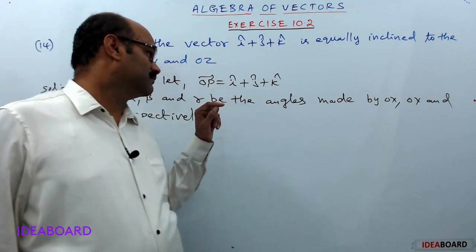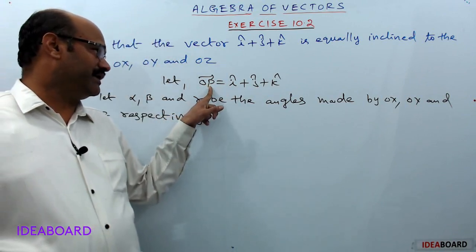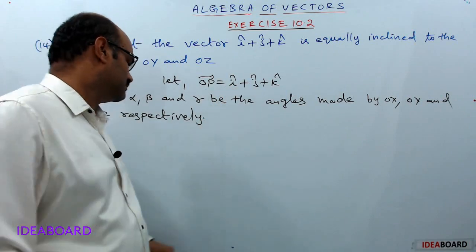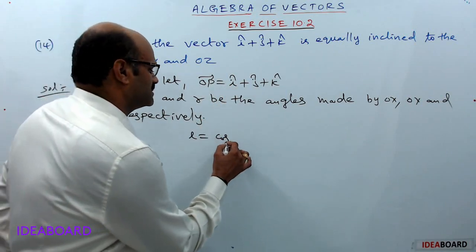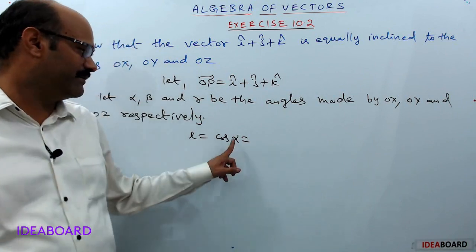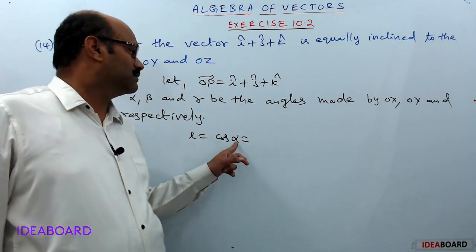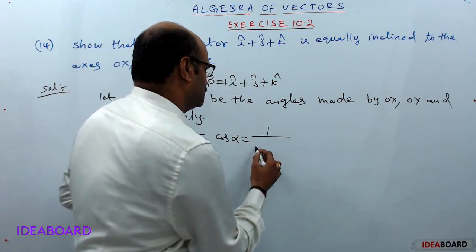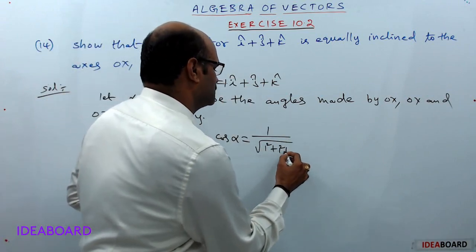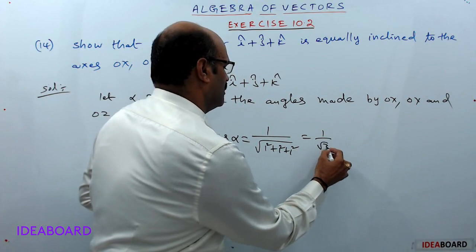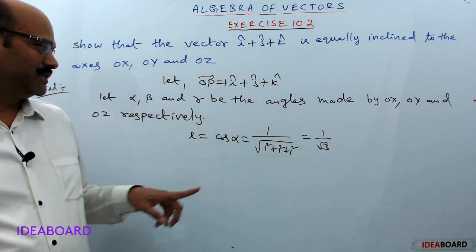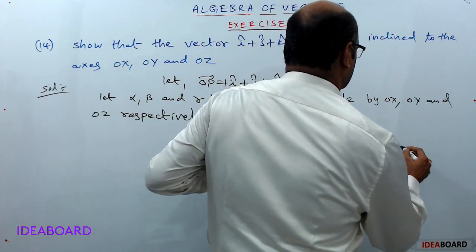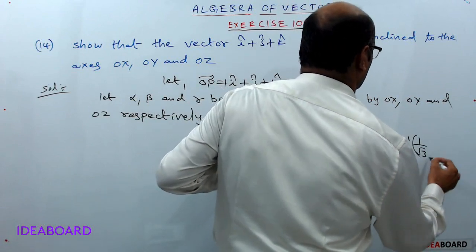Now here cos alpha is l, which equals 1 by root 3, where alpha is the angle made with the x-axis. Cos alpha equals 1 upon square root of 1 square plus 1 square plus 1 square, which is 1 by root 3. So alpha equals cos inverse of 1 by root 3.